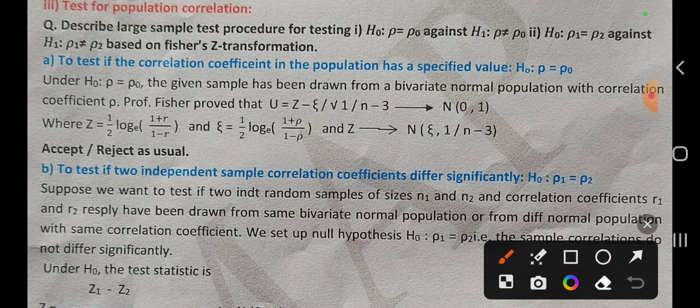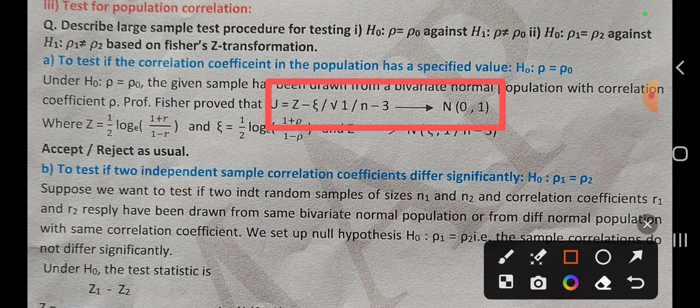The given sample has been drawn from a bivariate normal population with correlation coefficient rho, and Professor Fisher has proved that this is the test statistic for this population correlation test.